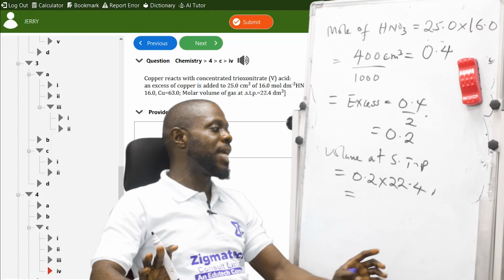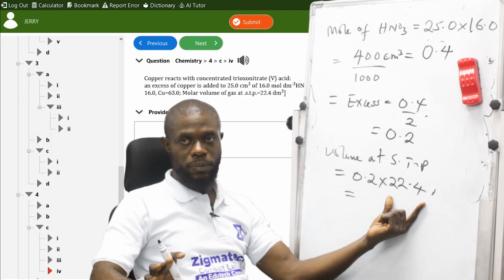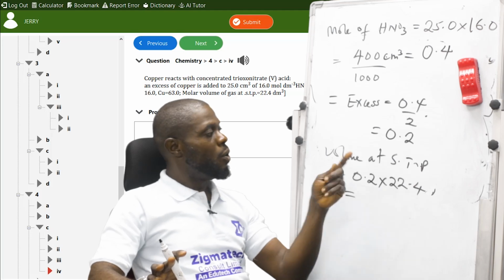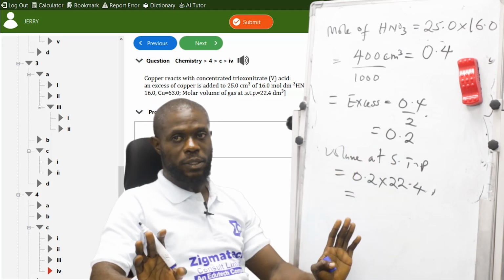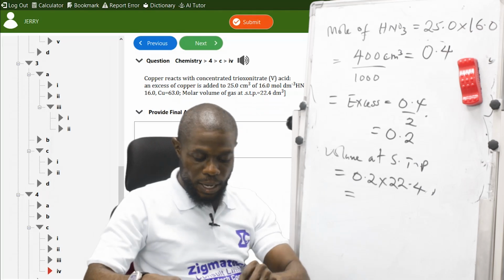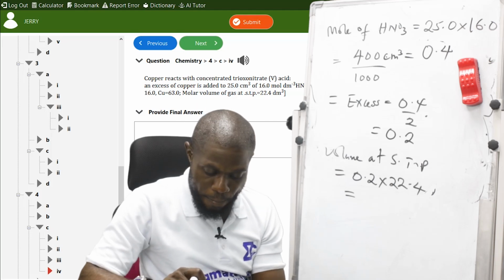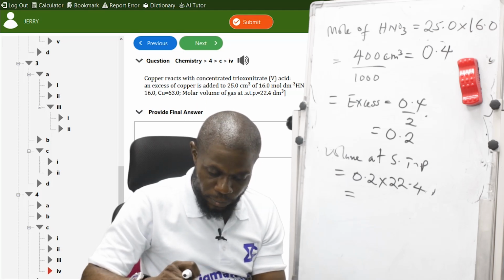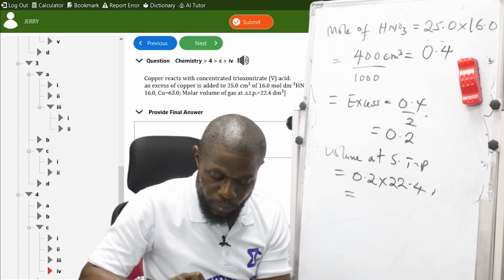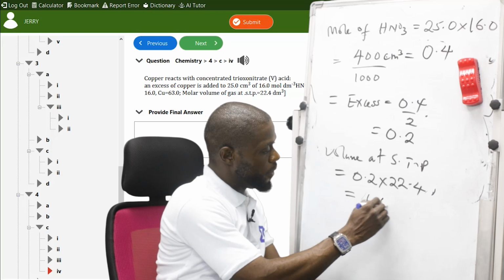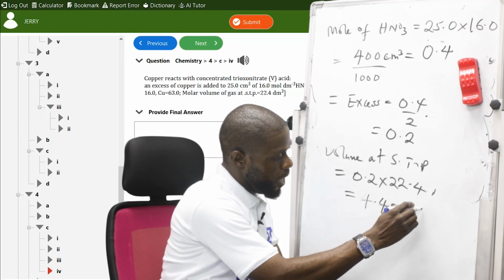So at every given point in time, this is the standard temperature. All right? So when you get the main volume you have gotten, you now times it by the standard temperature. So 0.2 times 22.4 is equals to 4.48 decimeter cube.